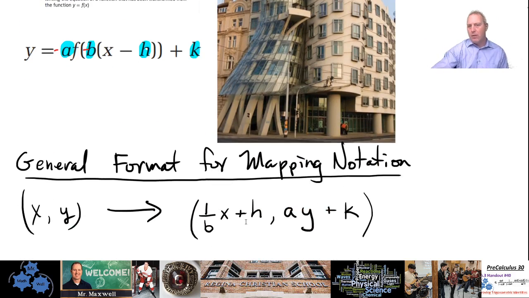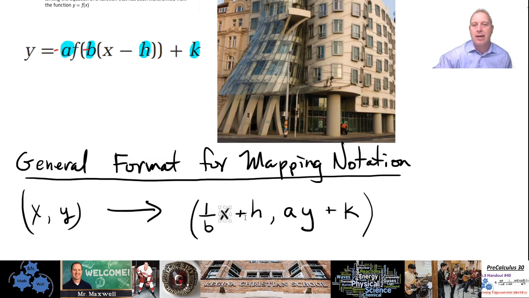I should mention this now. We've talked about this already, but this is putting this right here into the mapping notation, okay? So if you know what the equation of the new function is, you can take any point on the original function and apply A, B, H, and K. So what you do to x is you multiply x by 1 over whatever the B value is.